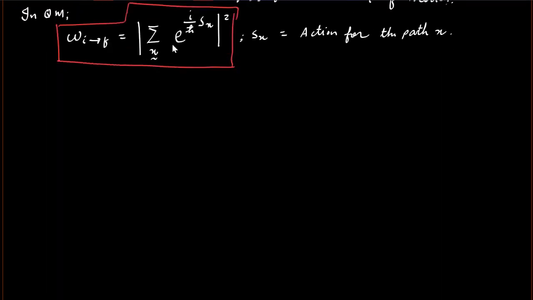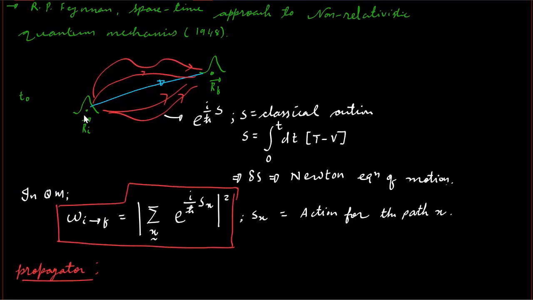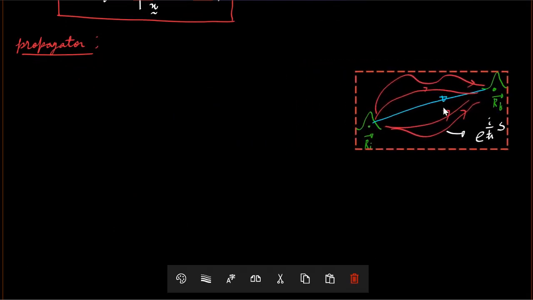So to prove this, let me start again and try to understand something called the propagator first. So this is just a term for now, propagator. To explain this, let me first simply copy it and paste it in this section.